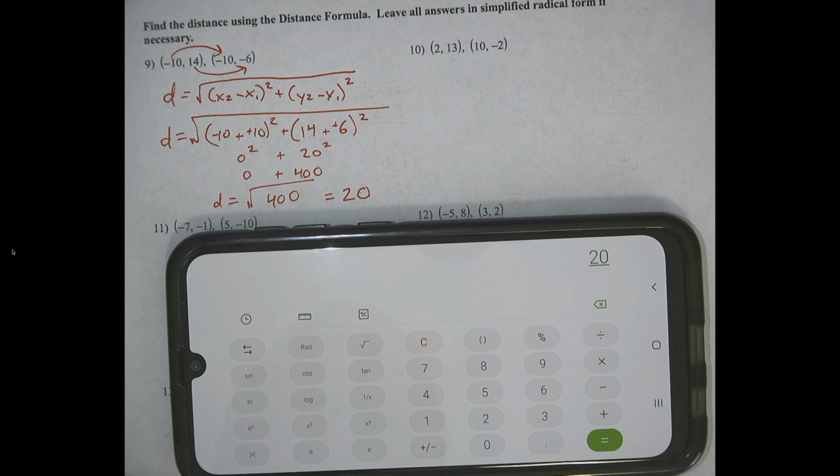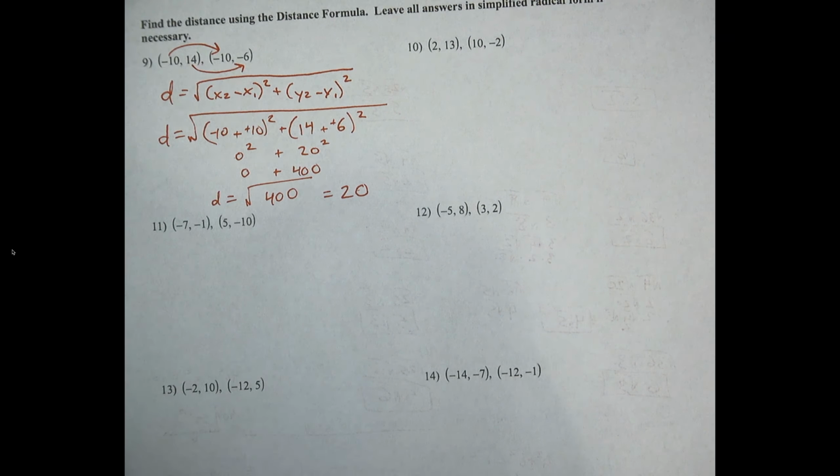Just a reminder too, there is a cube root function on most of these phone calculators. I don't have an iPhone, so I'm not sure if the iPhone calculator is exactly like this, but for me, I just hit this, and there's my cube root right there. But we're not doing any cube root on the Pythagorean Theorem or distance formula, but just know that it's there.